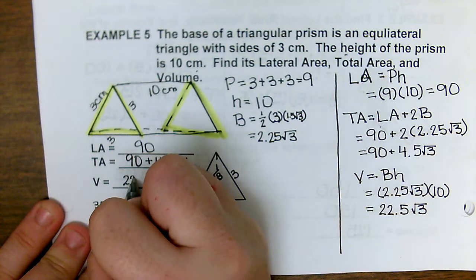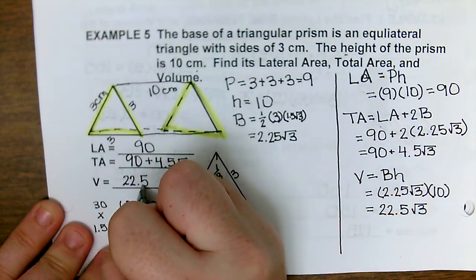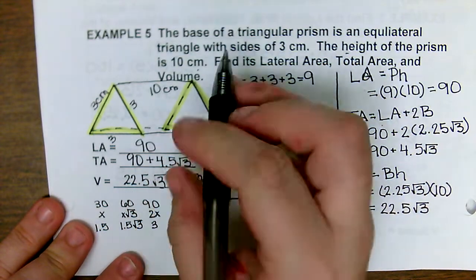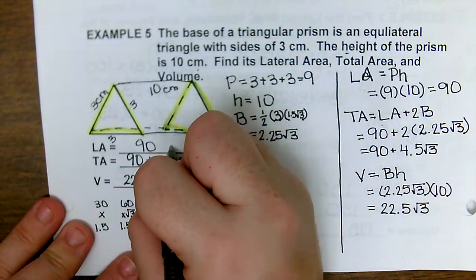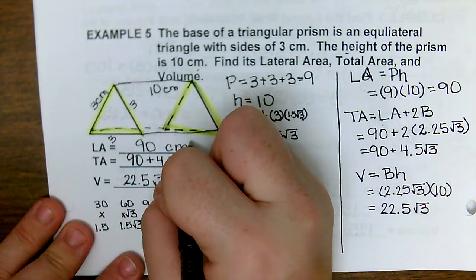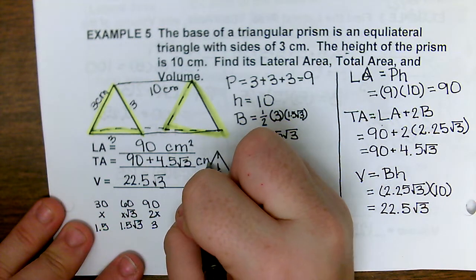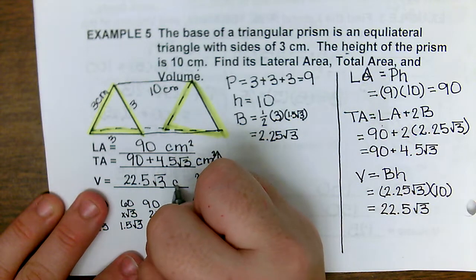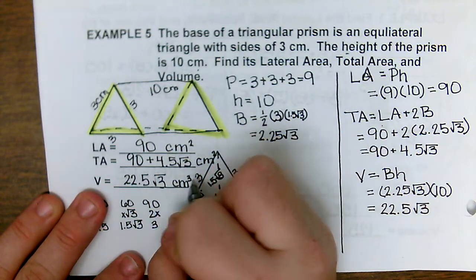And I forgot my units on all of these, which are centimeters. So centimeters squared for the areas, because those are both area, and volume is centimeters cubed.